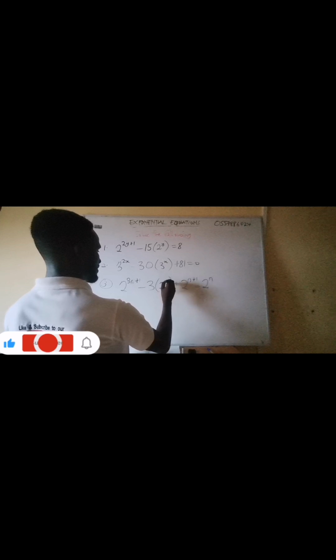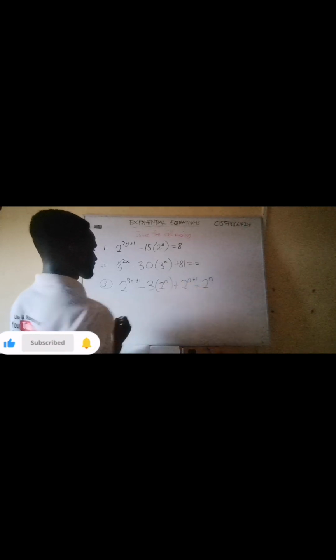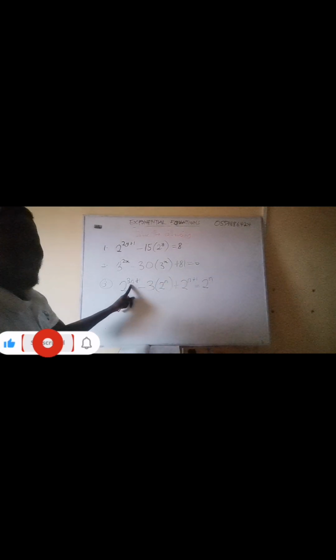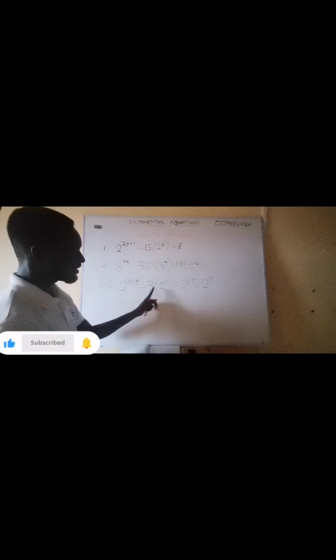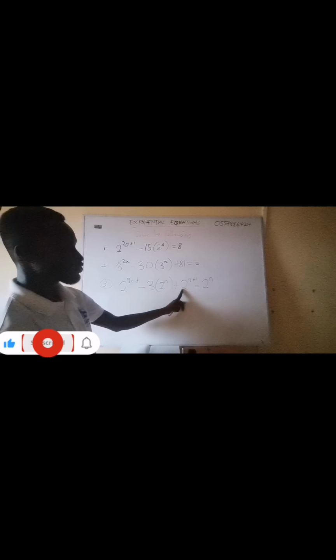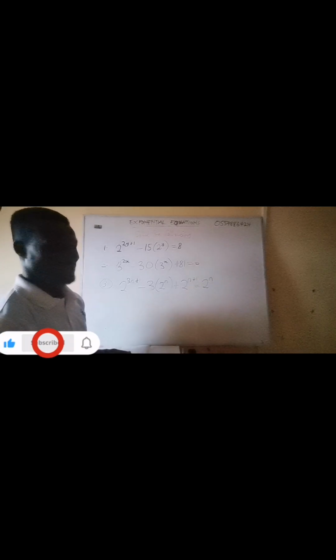So we have 2 exponent 3n plus 1, minus 3 into bracket 2 exponent n plus 2 exponent n plus 1 is equal to 2 exponent n. Now you are going to solve this question for me.